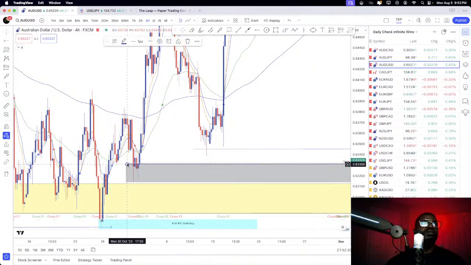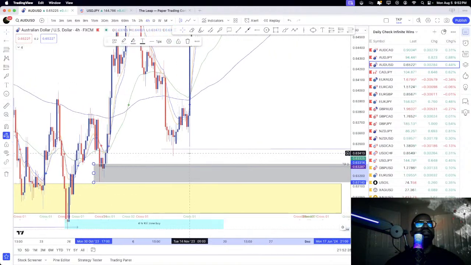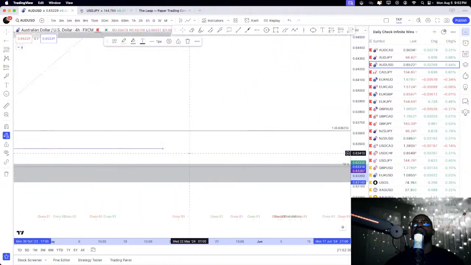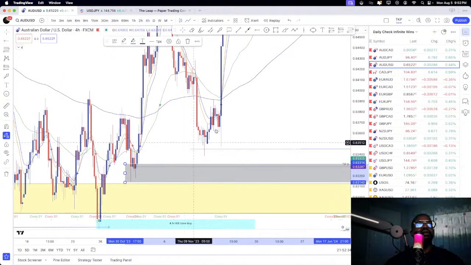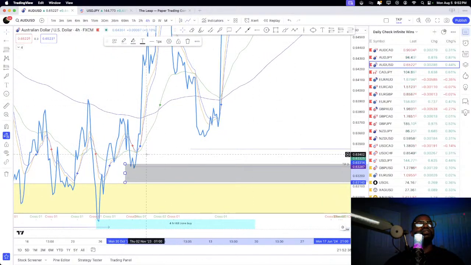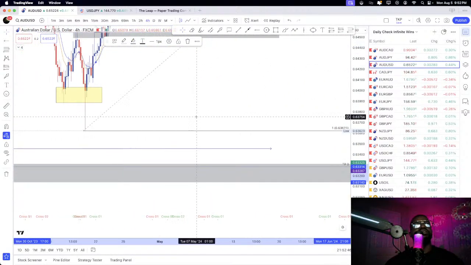So we have a double bottom right here on the 4 hour, and it was not retested. So double bottom is the polar opposite of that double top. It's two touches that you'll see. This one makes the form of a W. And when you see it, we look for those areas to be retested.